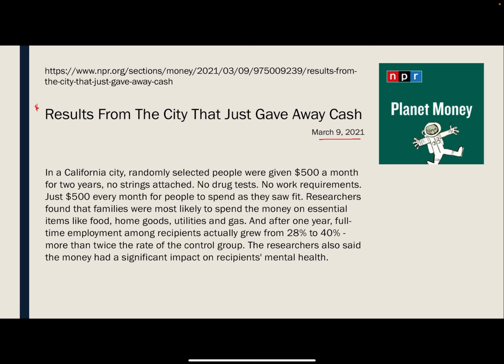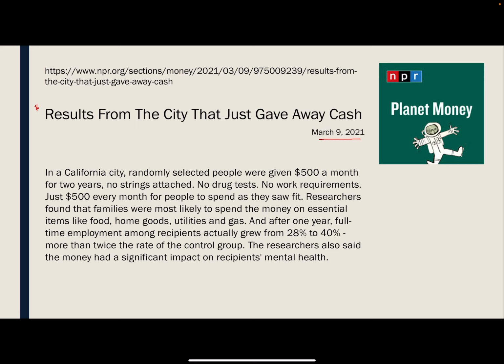And they also found, which I thought was pretty interesting, that after a year, full-time employment among the recipients actually grew from 28% to 40%, which was more than twice the rate of the control group. So more than twice the rate of the people who were not receiving that amount of money.